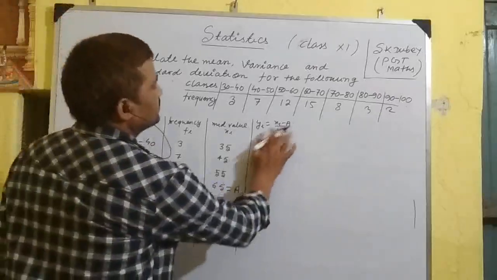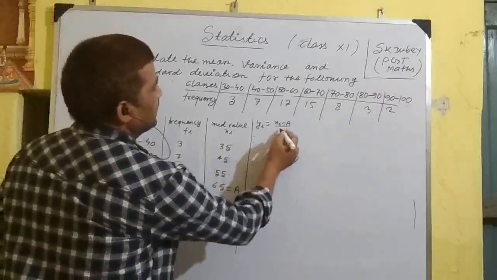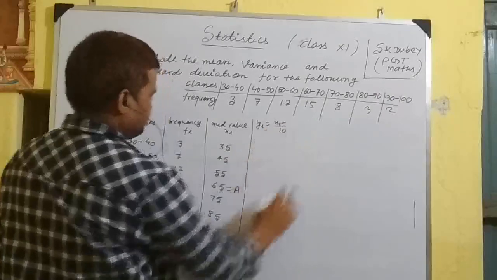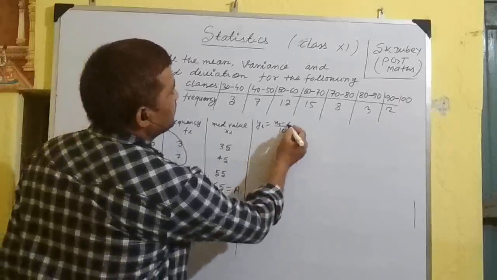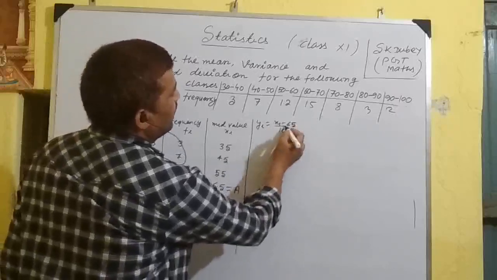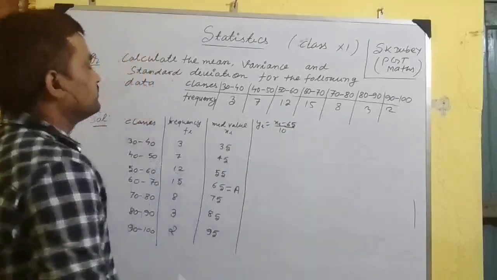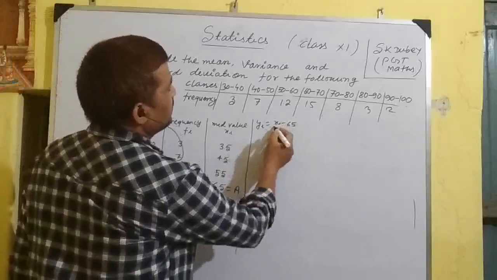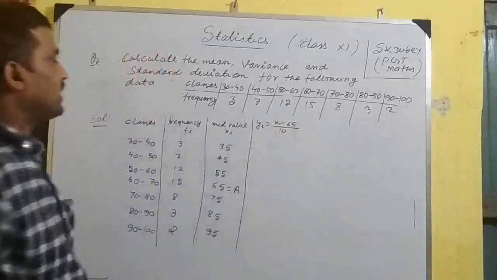So we can also write (xi minus A) by 10, and assuming the mean is 65, yi is (xi minus 65) by 10.